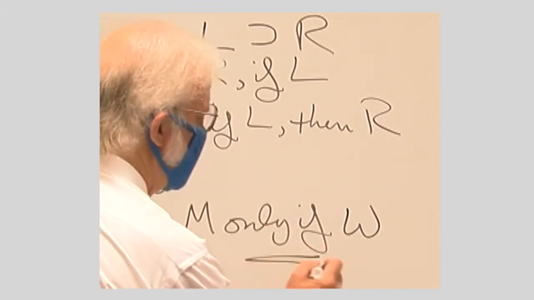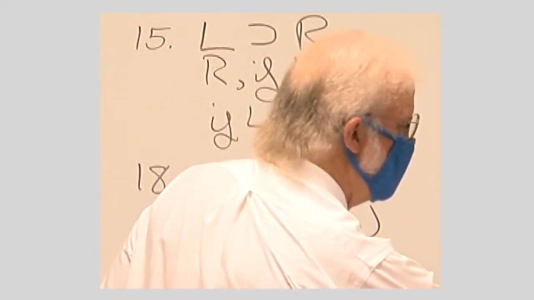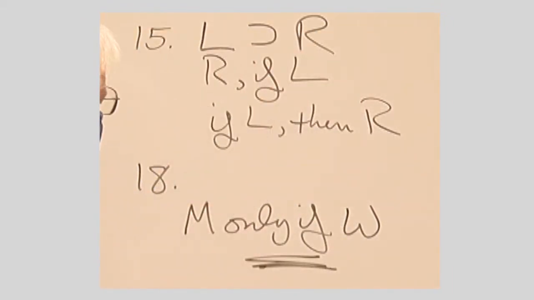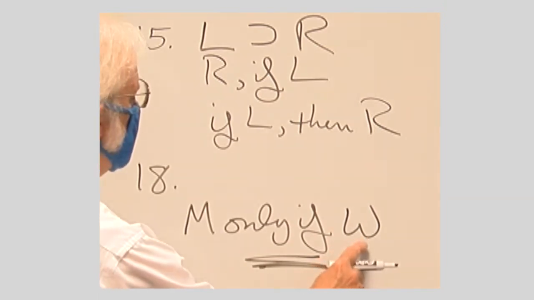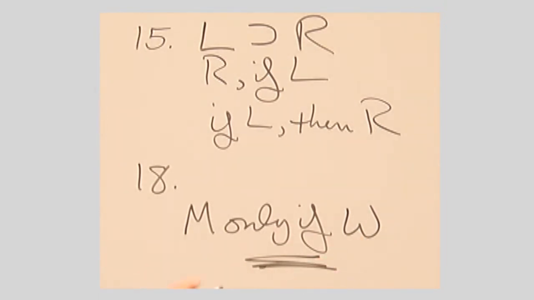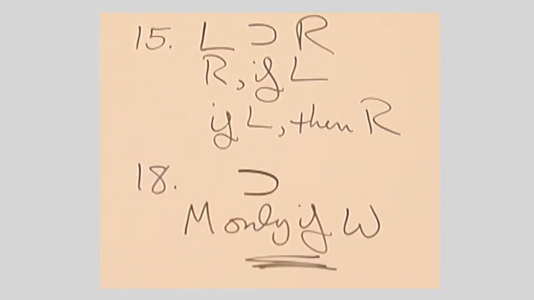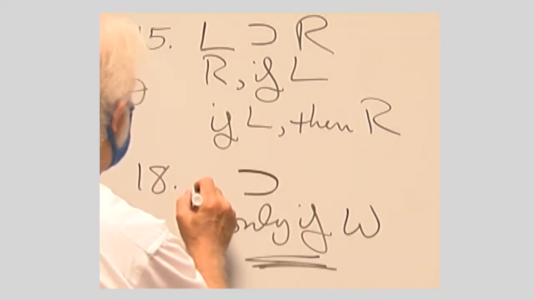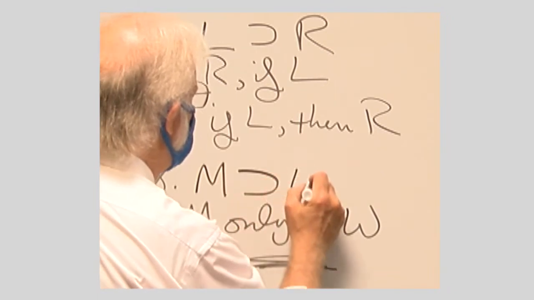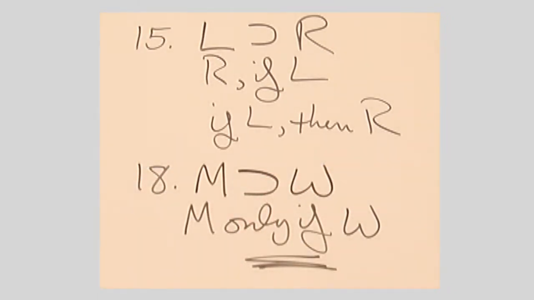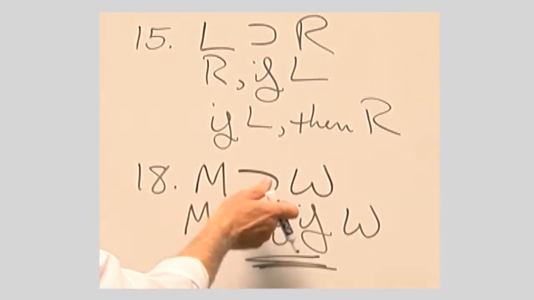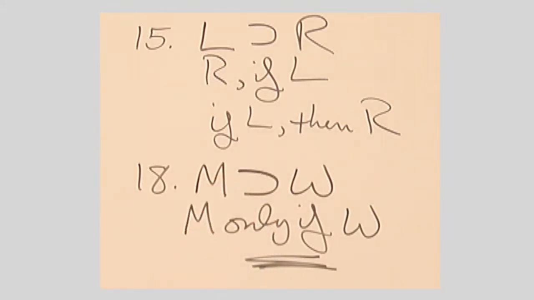Only if, again, is giving you a necessary condition. The necessary condition here is W, and so it's going to always go to the right side of the horseshoe. So here we would have M, horseshoe W. We cannot reverse the order around a horseshoe and still keep the same meaning. So this is the only possible translation here.